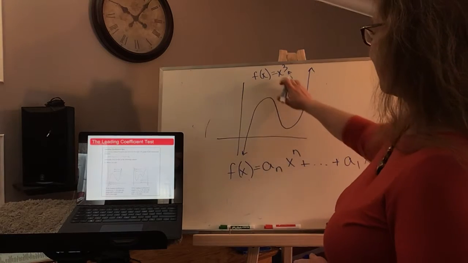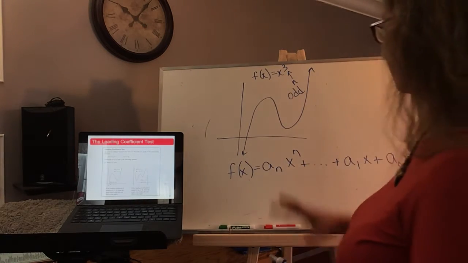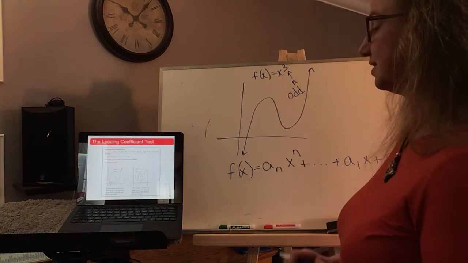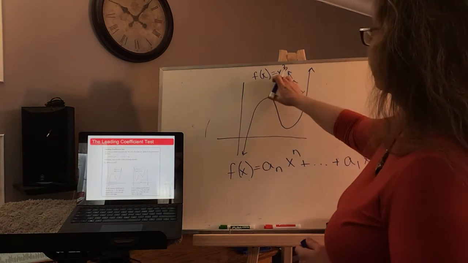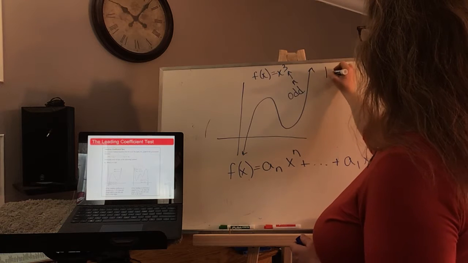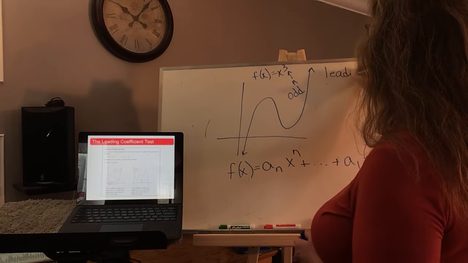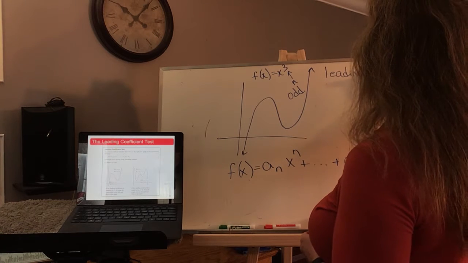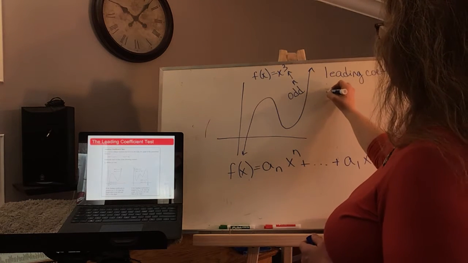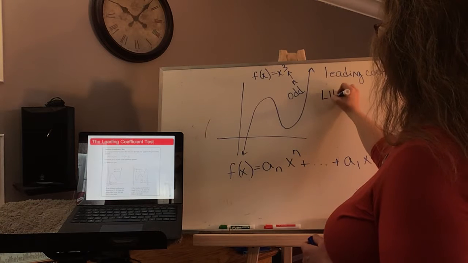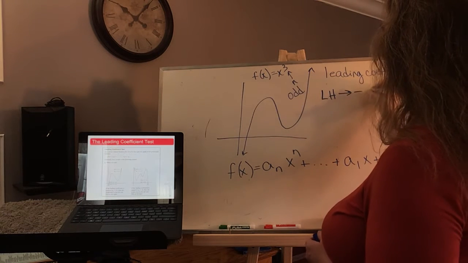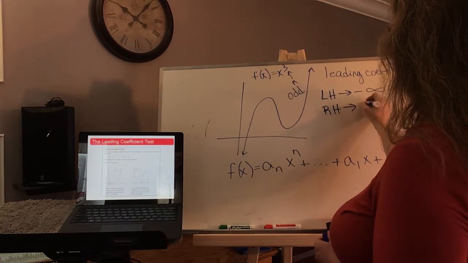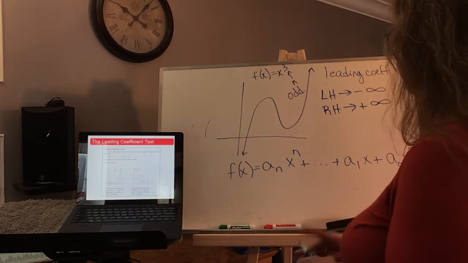If this highest power is odd, then it has some sort of behavior where one end goes one direction and one end goes the other. If this leading coefficient is positive, then the left hand goes to negative infinity and the right hand goes to positive infinity.